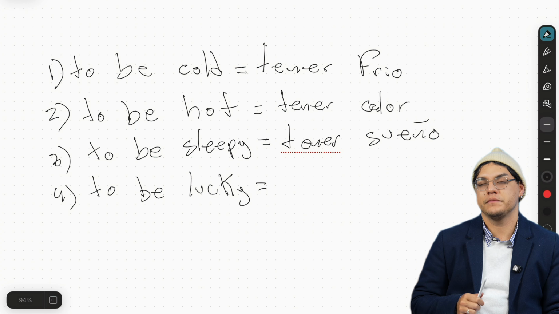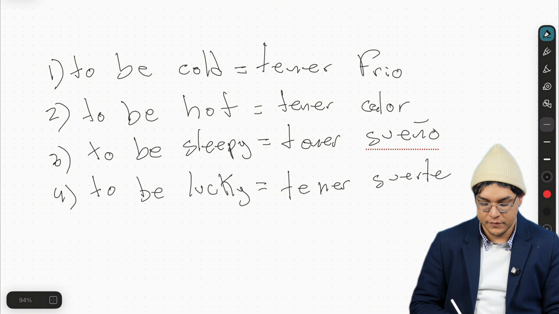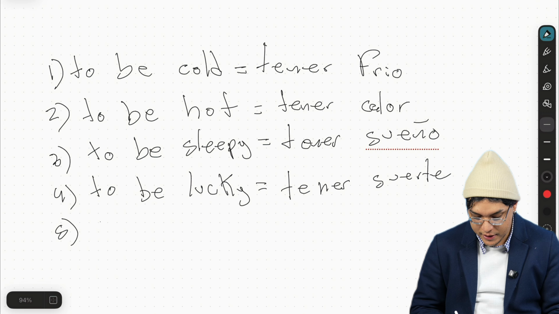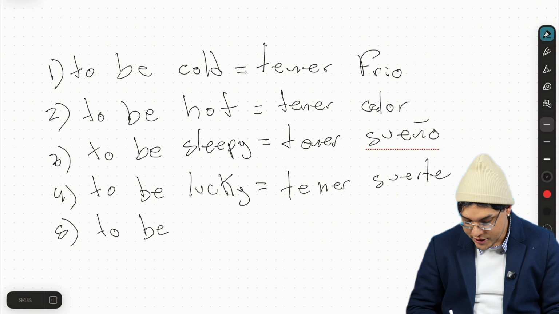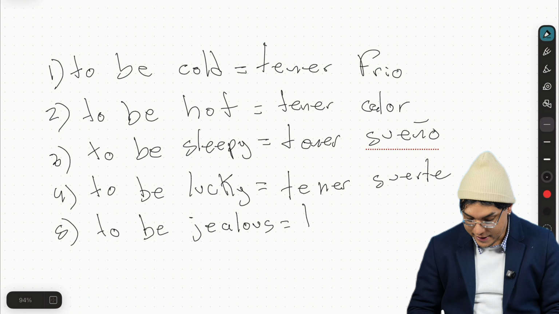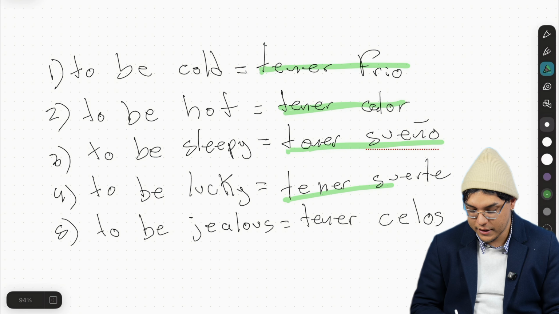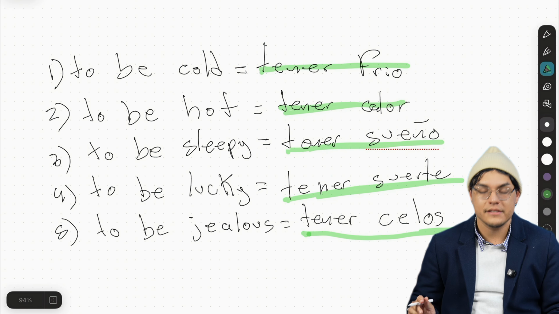You remember this one? Tener suerte. Okay. And now let's do the last one. It's to be jealous. So this one is tener celos. Okay. We have tener frío, tener calor, tener sueño, tener suerte, tener celos.